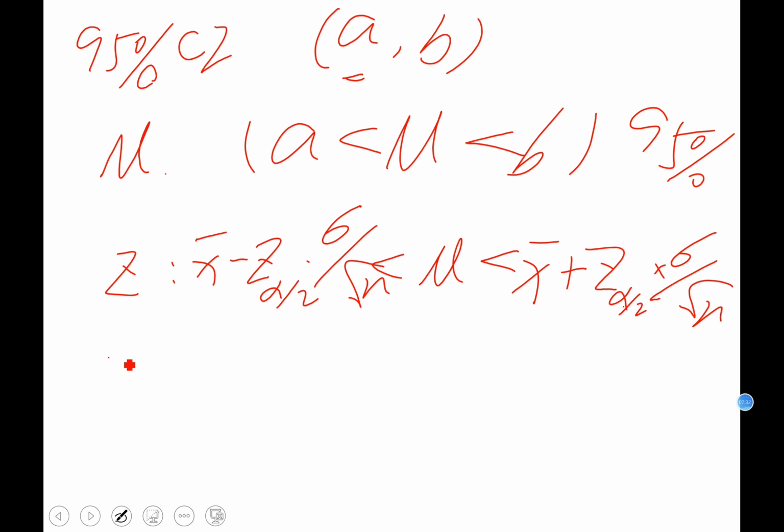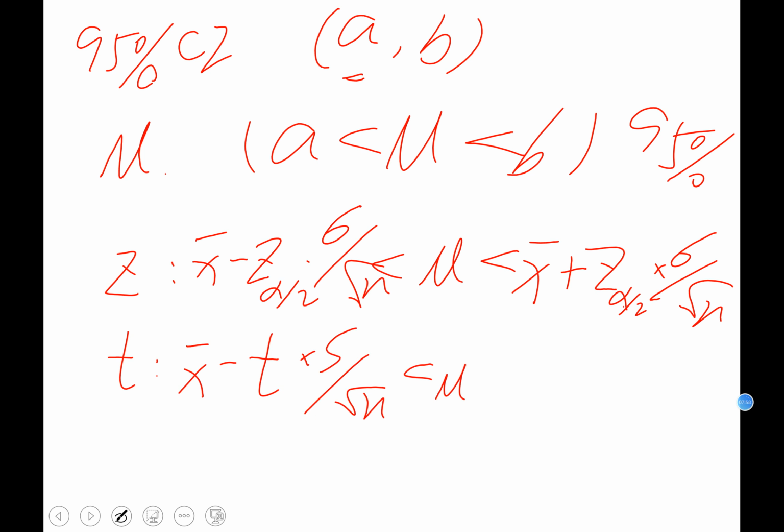And the second method, which is based on T distribution, has a different formula, but it is very similar to the former one. That is x bar minus T times S over square root n.